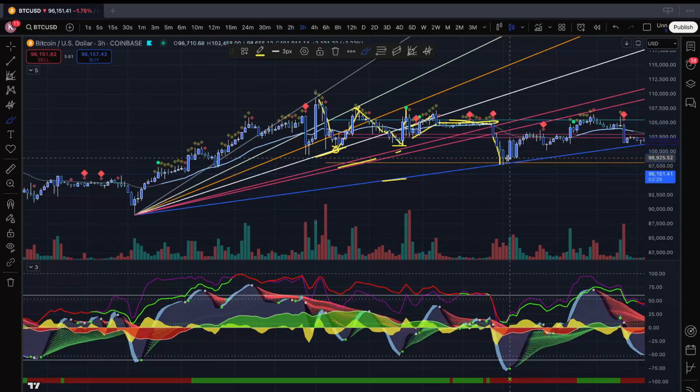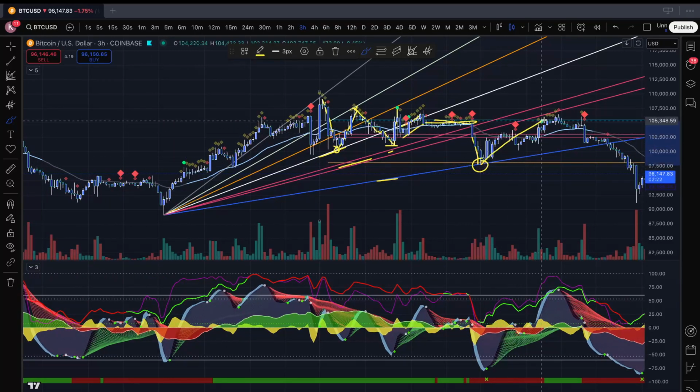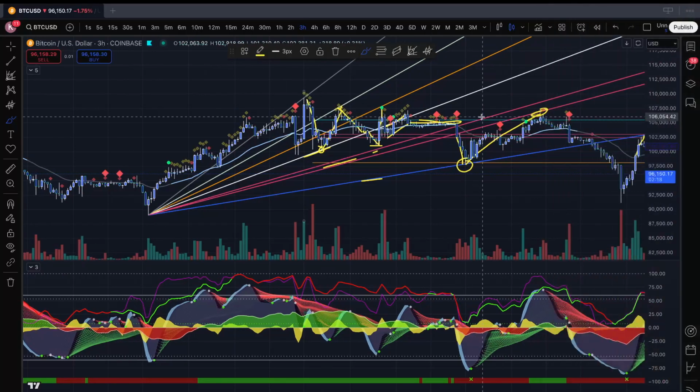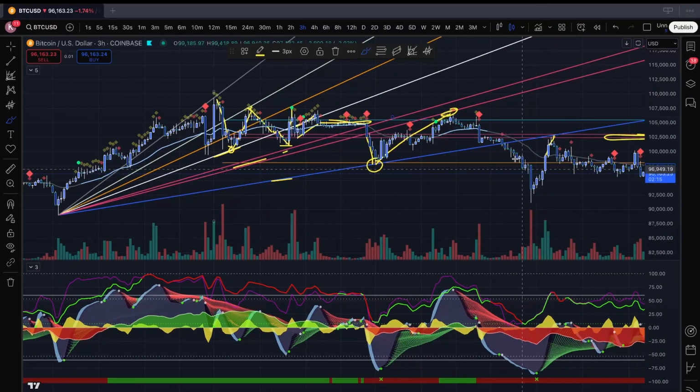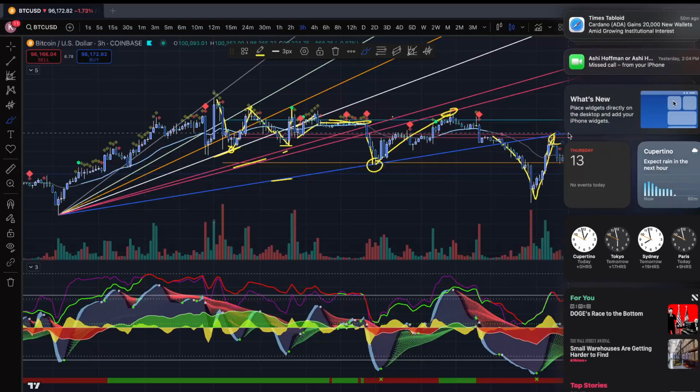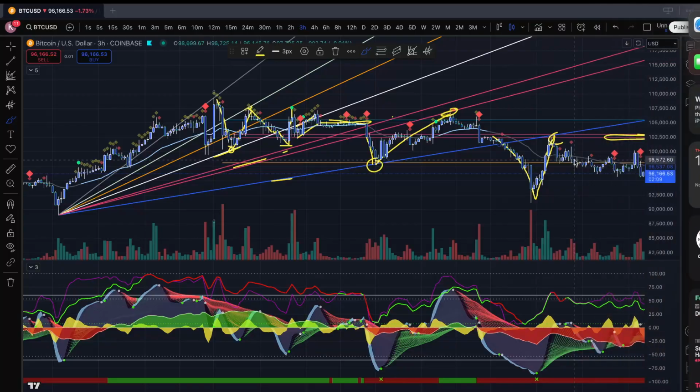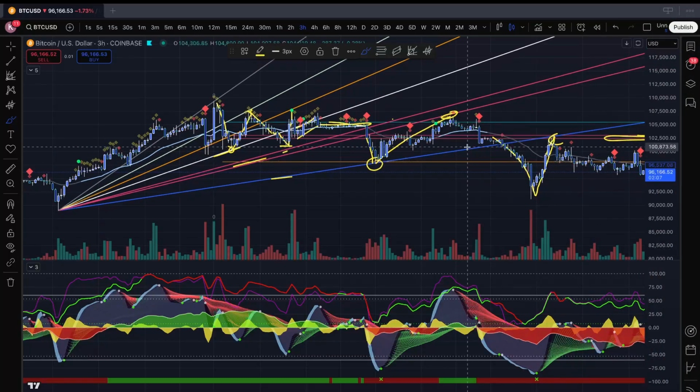And then where do we get a bounce from? Perfectly again from this blue line, and then it comes back up to this pink line, and then we have a breakdown past that, and then we come up using that as resistance, and then just ranging sideways again.